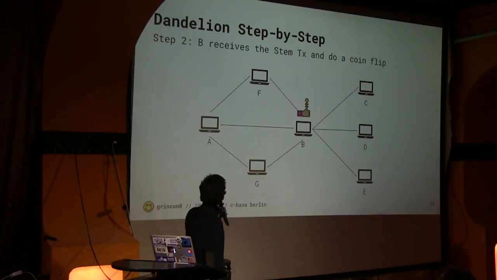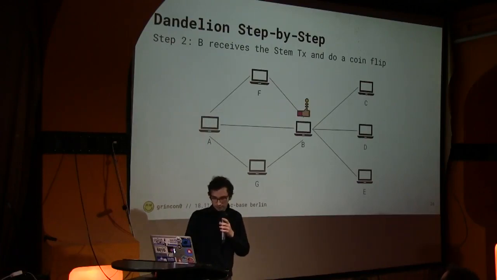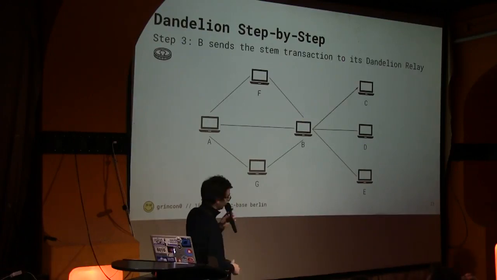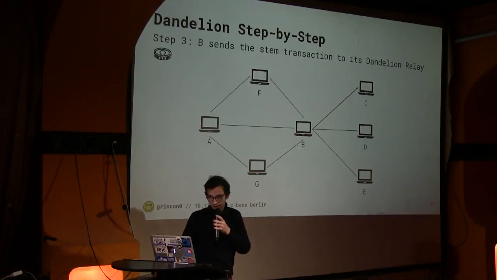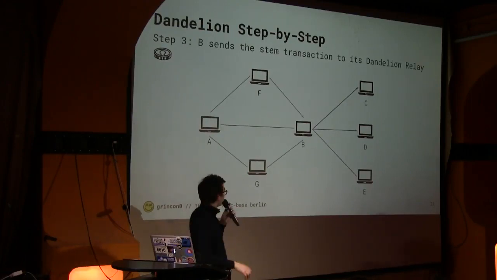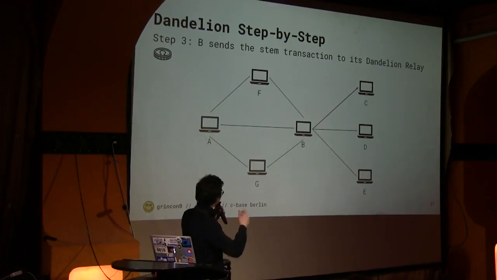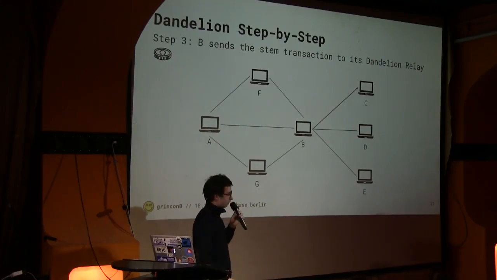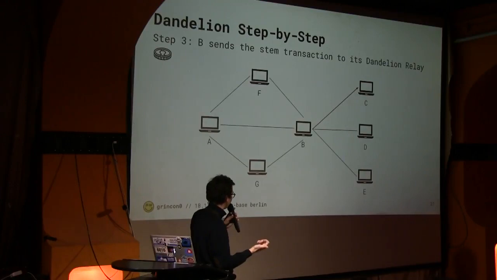B will just do a coin flip and say, okay, if it's heads, I'm going to send it only to my Dandelion relay, and if it's tails, I'm going to broadcast it on the network. Those are the only two cases in Dandelion. And if it's heads, C will do the same. C receives the stem transaction and will do a coin flip and say, okay, I'm going to stem it or fluff it.